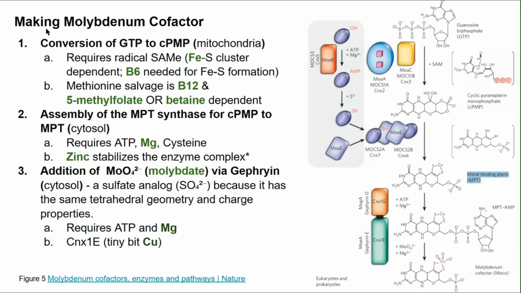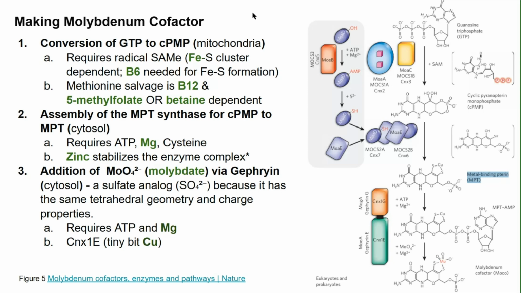There are several steps to making Moco, and they're compartmentalized between the cytosol and the mitochondria. So I'll be looking at that in the next video, but this is just an overview of making molybdenum cofactor.